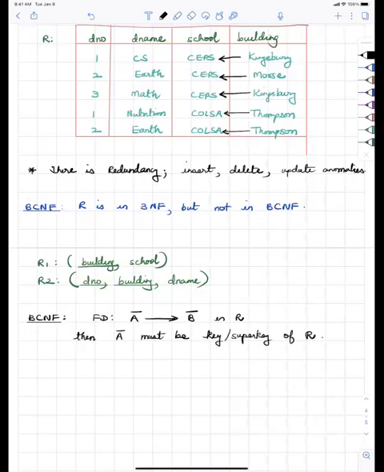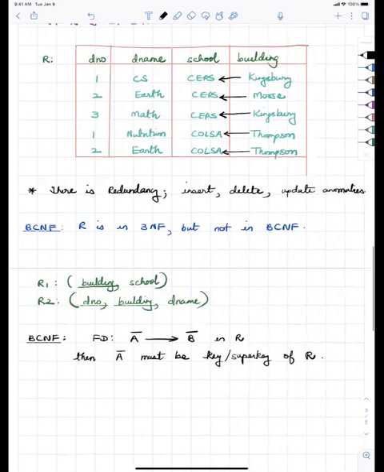It's actually a simpler definition than third normal form, because what this one is saying is that if you have a functional dependency A goes to B, then A has to be a key or a super key.